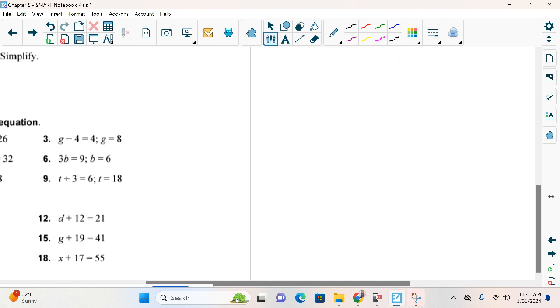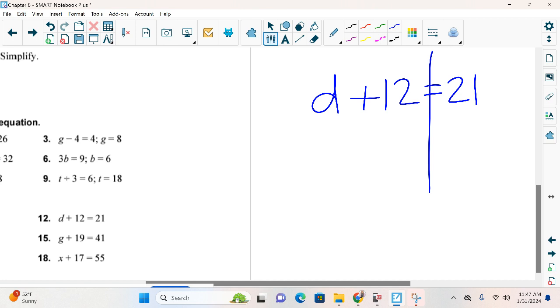All right, number 12. We have D plus 12 equals 21. Chop it, box it, do the opposite. What's the opposite? Minus 12.